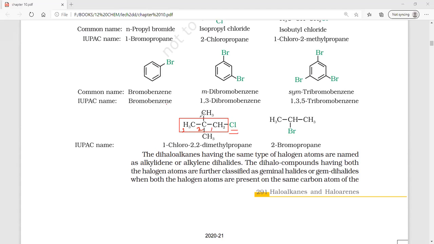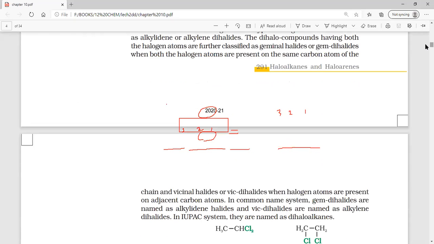At 2 position, 2 methyl groups are there. 2,2-dimethyl, 1-chloro, and for 3 carbons, propane. For this 1, 2, 3, 2-bromopropane. Okay. These are just like the revision of previous concepts of naming hydrocarbons of class 11th. There are 2 chapters. You can just go through those 2 chapters once. It will be good.